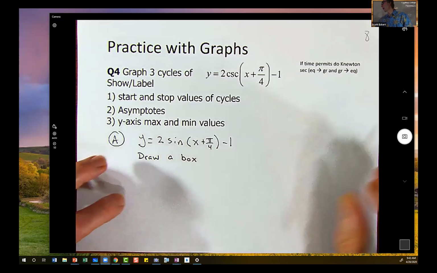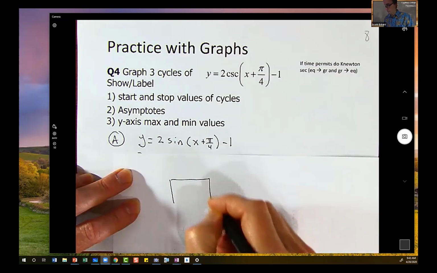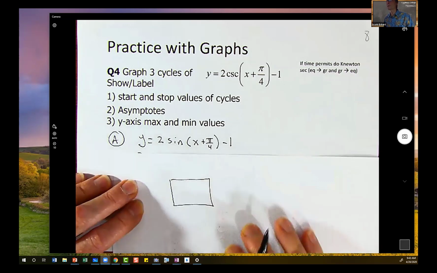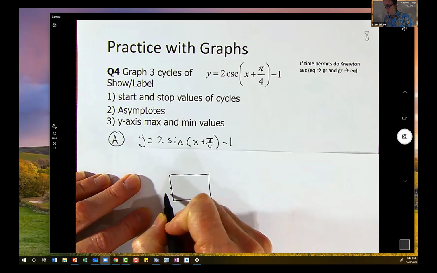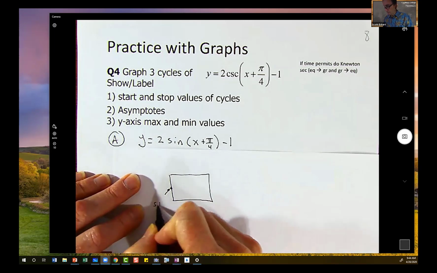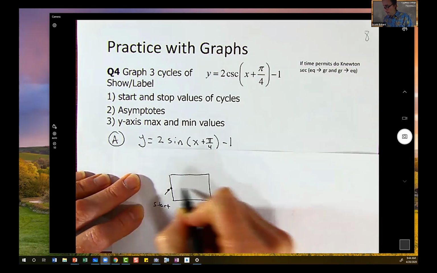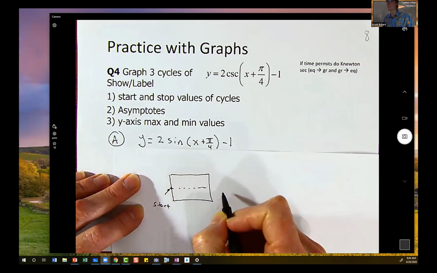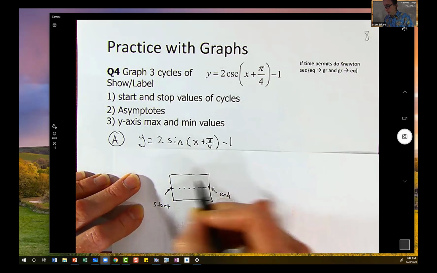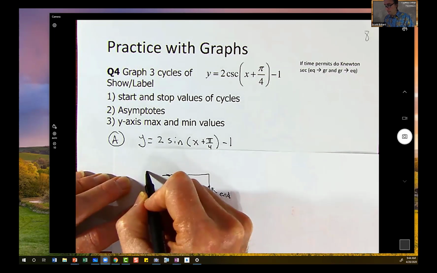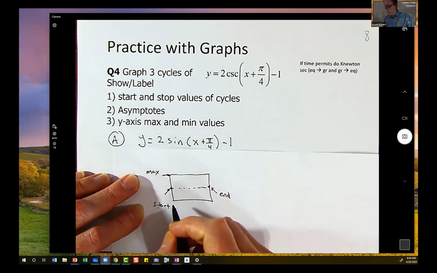And so on your box, you're going to have to communicate to me what is the start x, and there'll be a midline, and what is the end x, and then what is the max and the min.